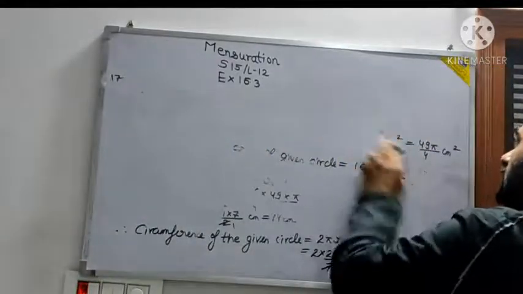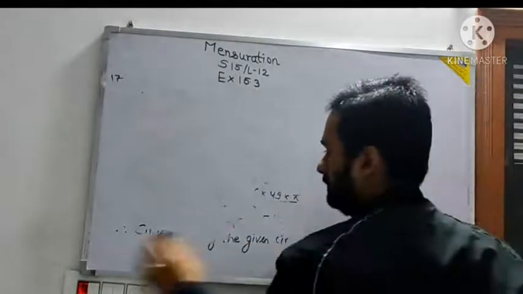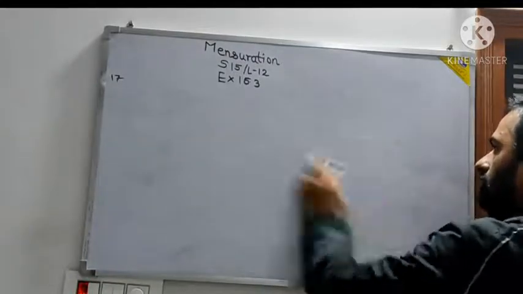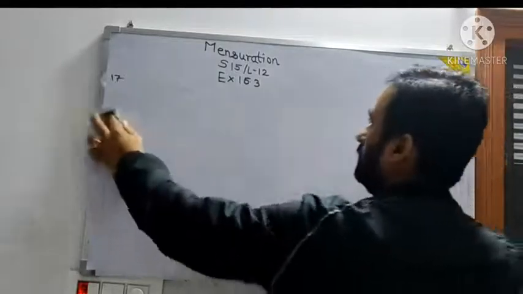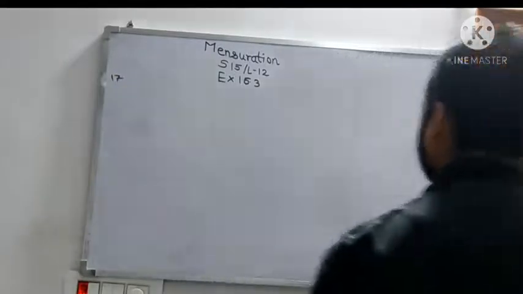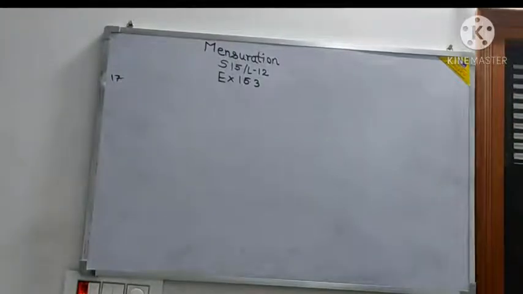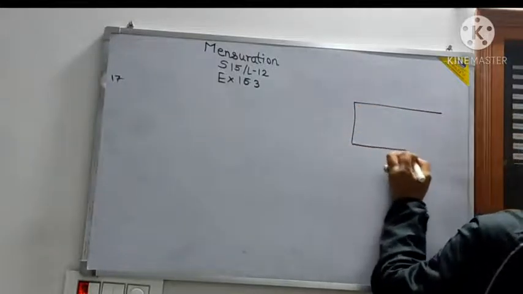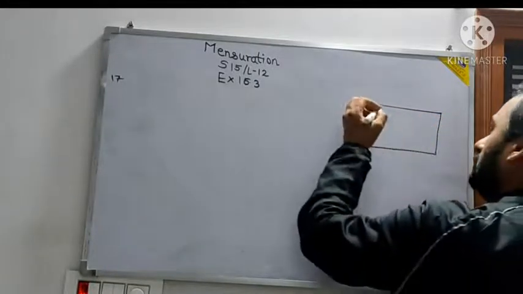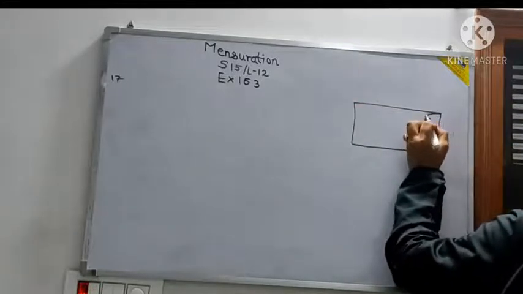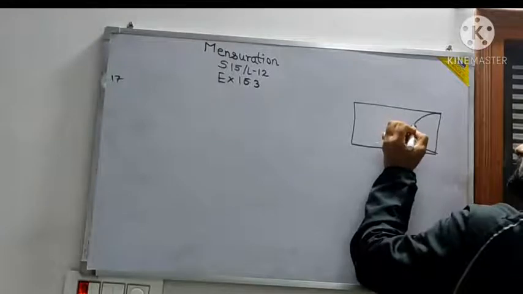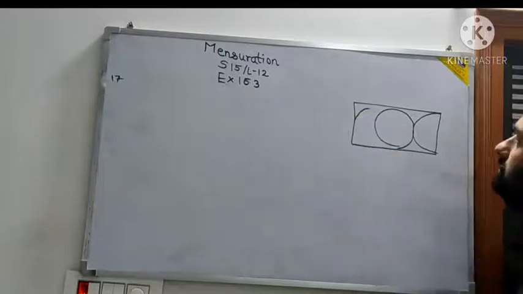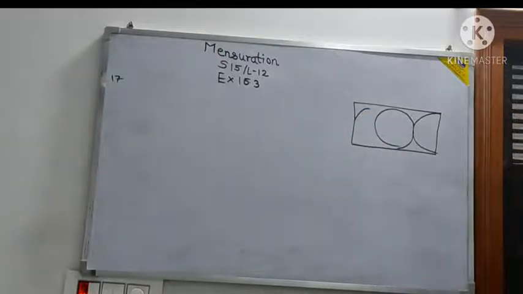Now 17th B part I am solving. For the B part, you can see here there are 2 circles and 1 semicircle inside this. Let's draw 1 semicircle first, and then there are 2 more circles.